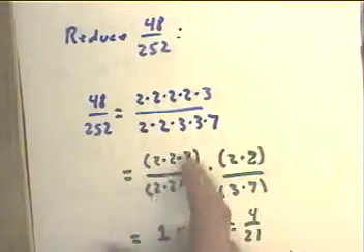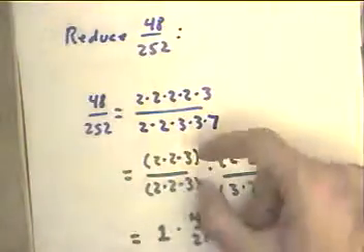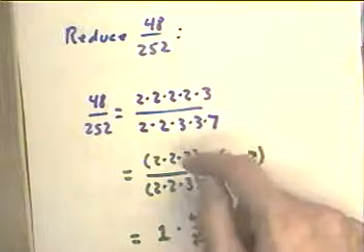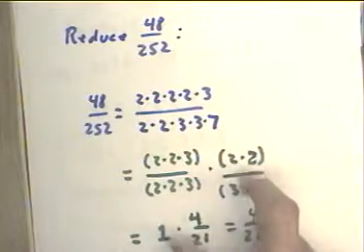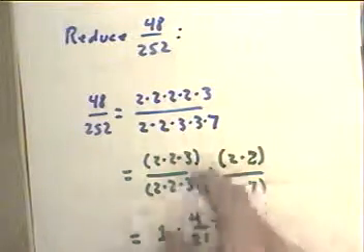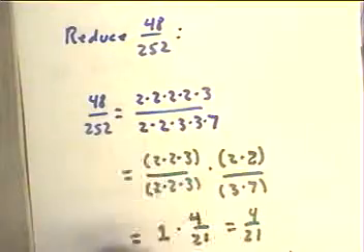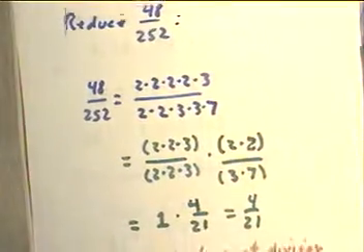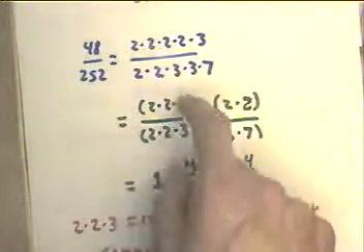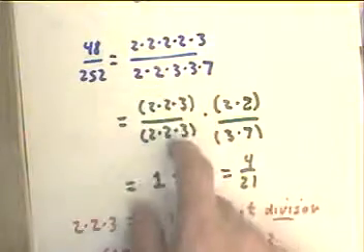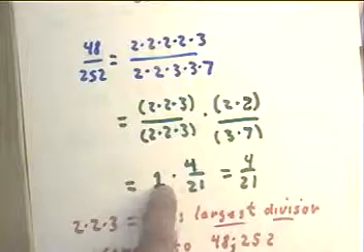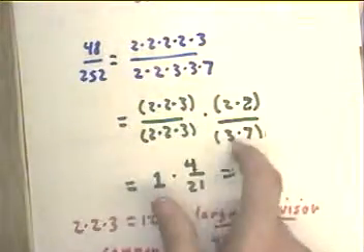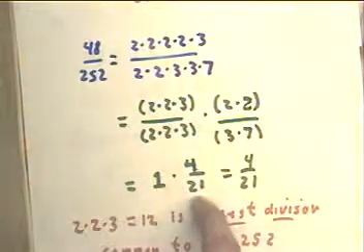Now it's clear that what we factored out of the numerator and denominator is, in the first place, equal. What's taken out of the numerator is factored out of the denominator. And also that there's nothing more left that we can factor out of the numerator and denominator. We factored the maximum possible number out of the numerator and denominator. Okay, that number that we factored is divided by itself since we factored it out of both, so it just gives us 1. And then 2 times 2 over 3 times 7 is 4 over 21.